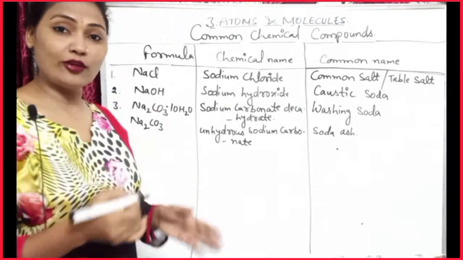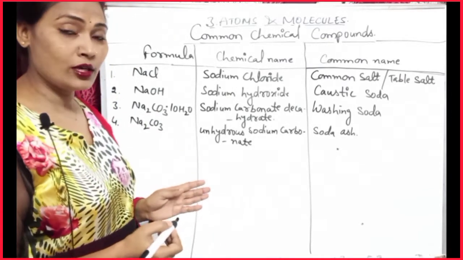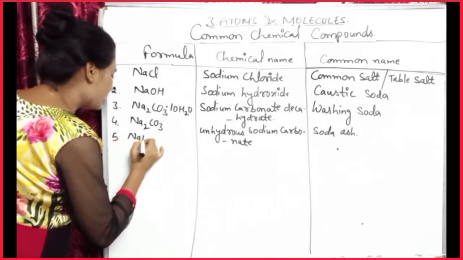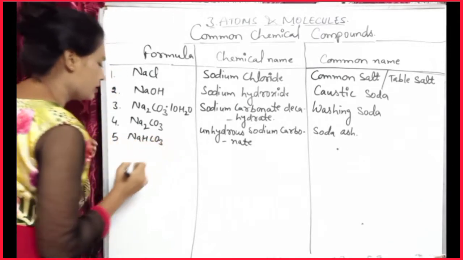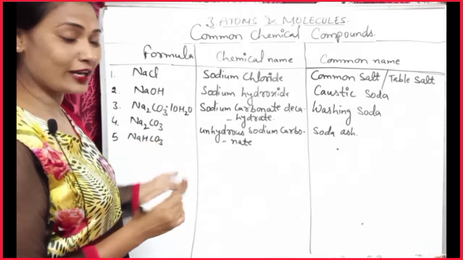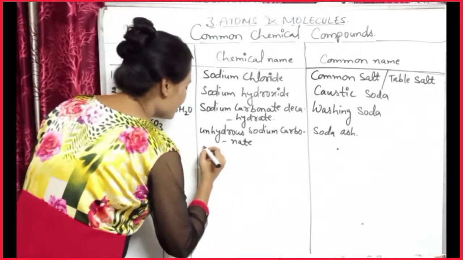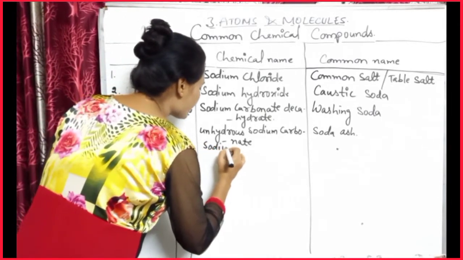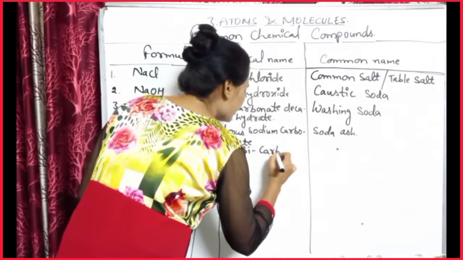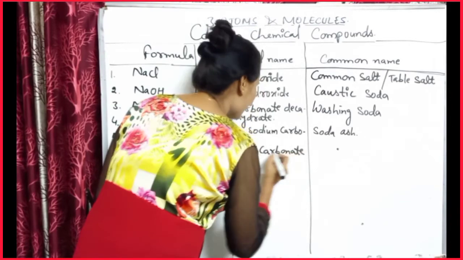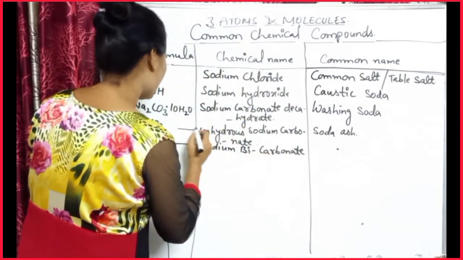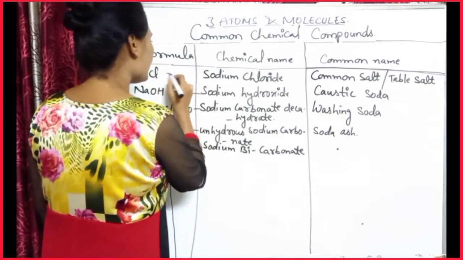Now the next compound is NaHCO3, which also belongs to sodium. So that is the fifth compound, NaHCO3, sodium hydrogen carbonate or sodium bicarbonate. You can write either name, it is the same.